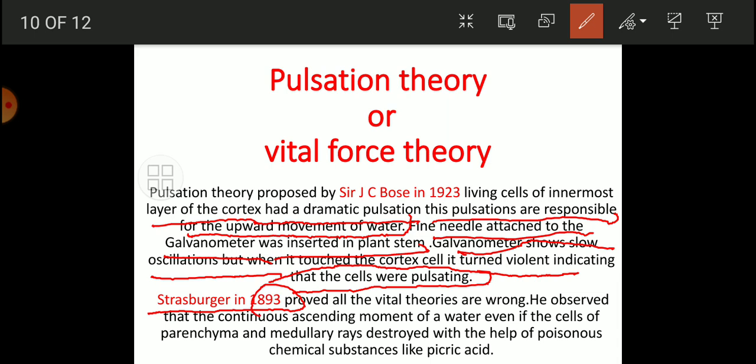He observed that the continuous ascending movement of water occurs even if the cells of parenchyma and medullary rays are destroyed with the help of a poisonous chemical substance like picric acid. So what Strasburger proved in 1893 is that even if the cells of parenchyma and medullary rays are destroyed with a poisonous chemical like picric acid, there is still ascent of sap.